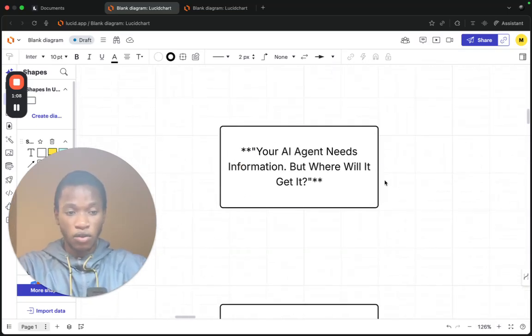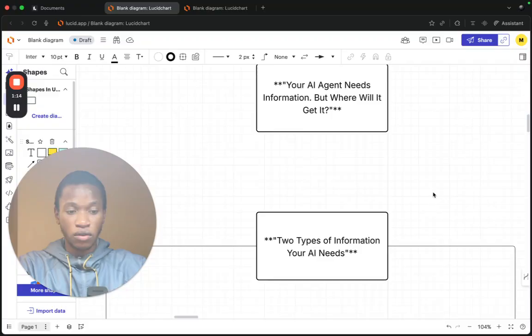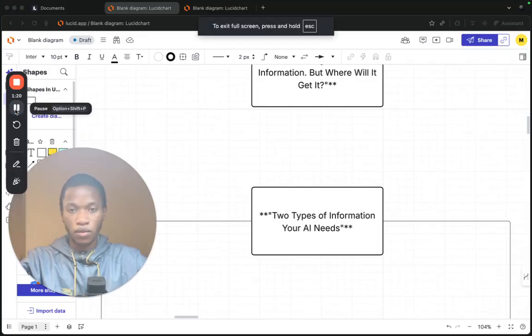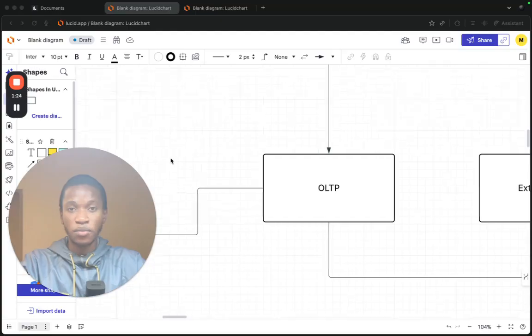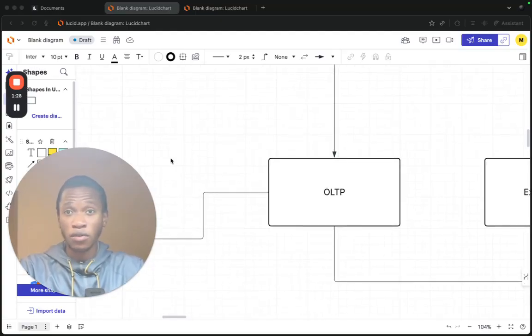Okay, so it all starts with your AI agent needs information, but where will it get it? Now there are two types of information that your AI needs. The first being your OLTP, which is your online transaction processing system.